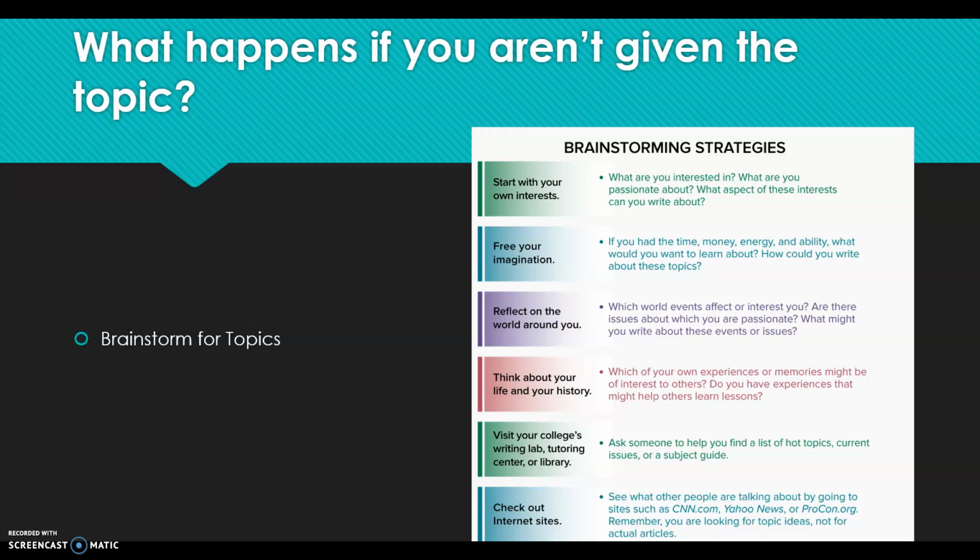Like I said, go to the Learning Center, go to the library. There's internet sites that will help you generate ideas. Okay? Remember, this is all about idea generation. This is not actual articles. What all can you write about? And you want to list everything that you could possibly write about that ties into that class or that assignment.